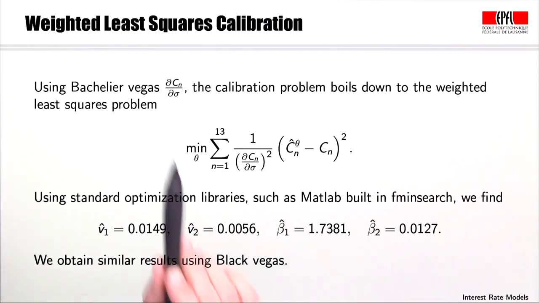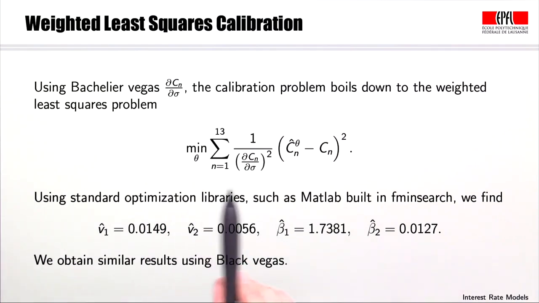Using the Bachelier vegas, the calibration problem now boils down to the weighted least squares problem shown here. Using standard optimization libraries, such as the MATLAB built-in fminsearch, we find the following values for the parameters.